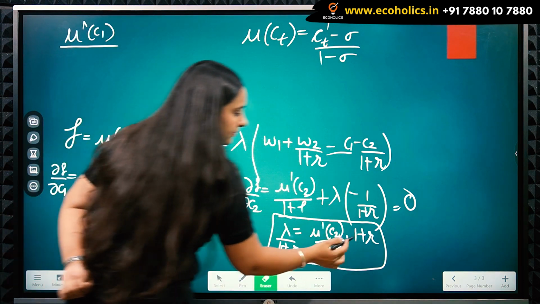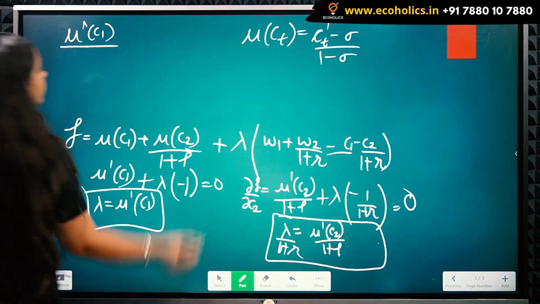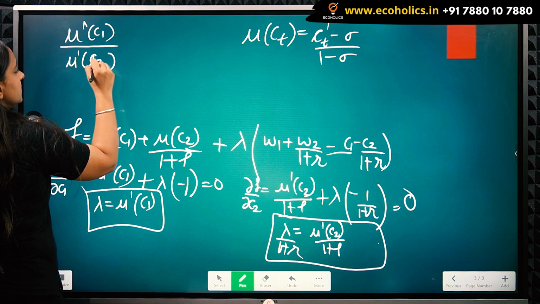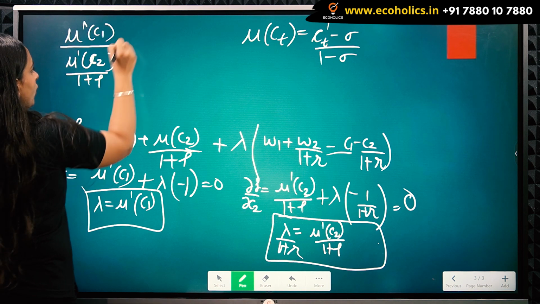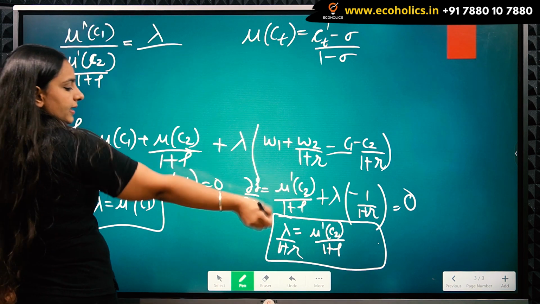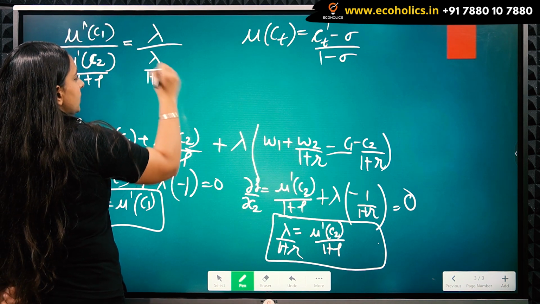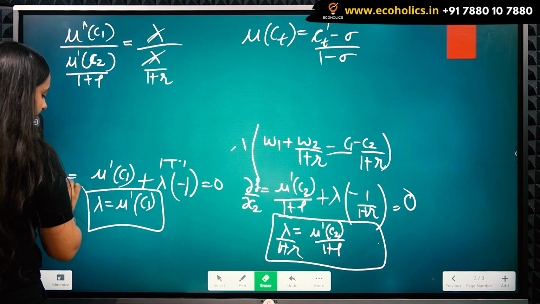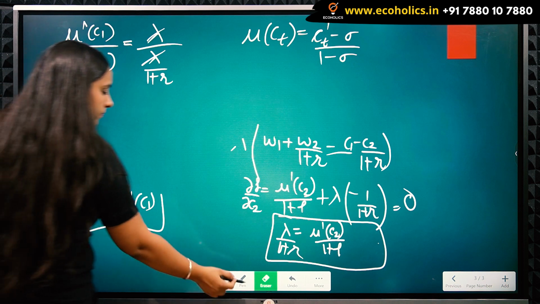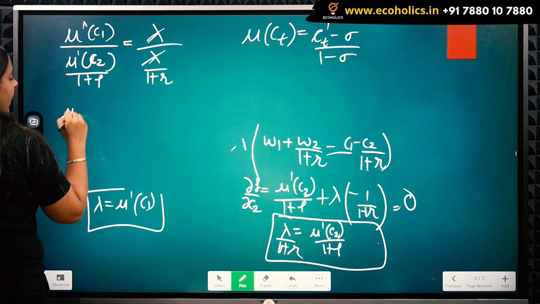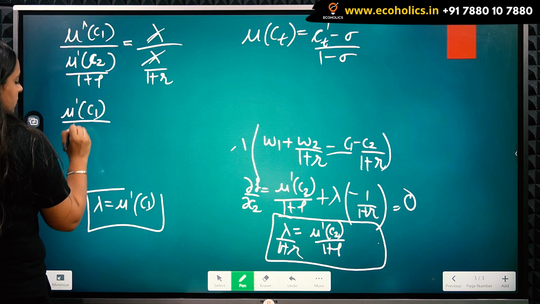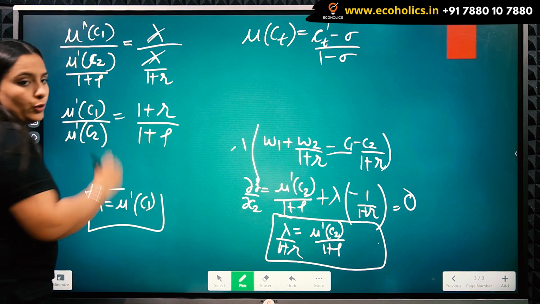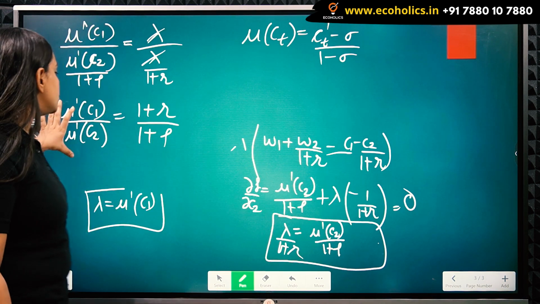I get U dash C1 upon U dash C2 on one side, and here I get lambda upon 1 plus R. So lambda gets cancelled out and I'm left with U dash C1 upon U dash C2 equals 1 plus R upon 1 plus rho. So we have got this relation between the marginal utilities.